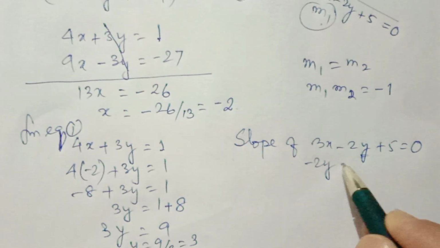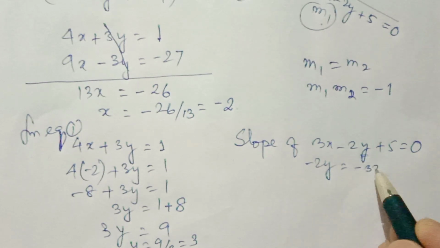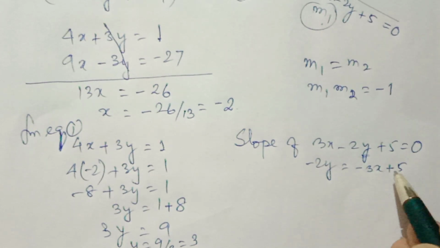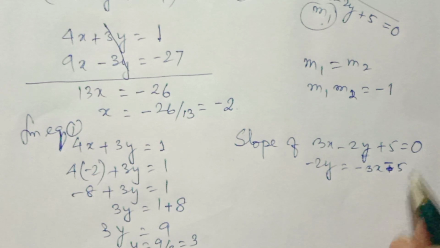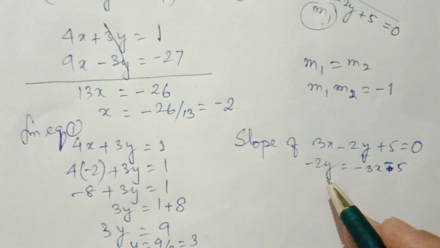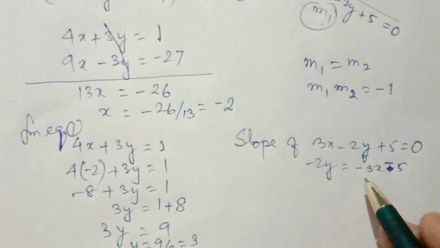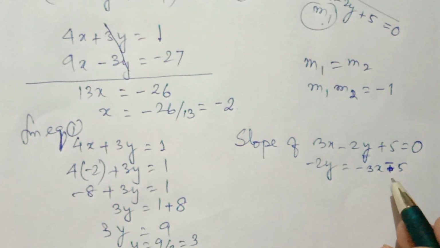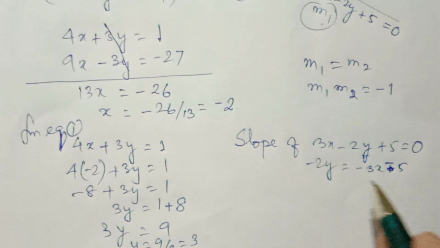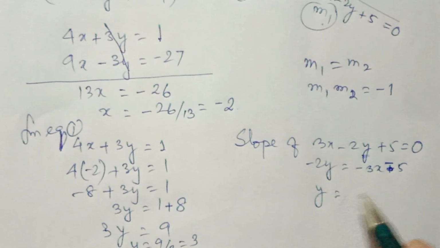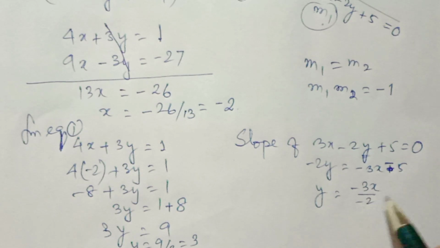Then minus 2y equals minus 3x plus 5. Minus 5 will also go that side. So minus 2y is equal to minus 3x minus 5. Then y will be equal to minus 3x by minus 2 minus 5 by minus 2.